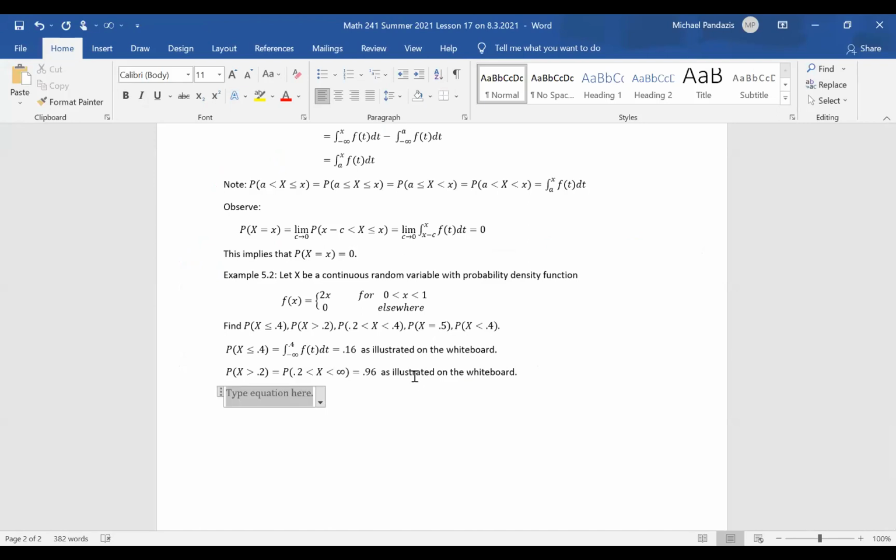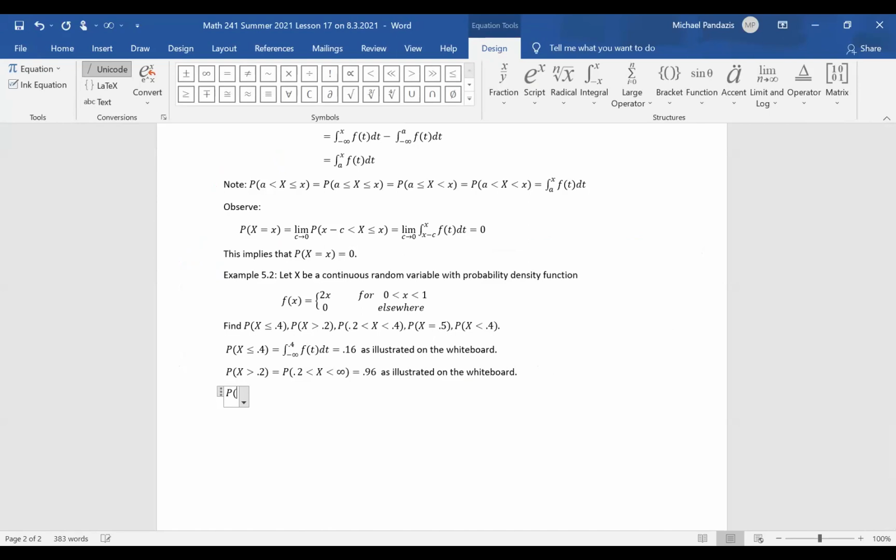Okay, the next probability is the probability that 0.2 is less than x less than 0.4. Well, we know from before this is equal to the definite integral from the left one to the right one, and we have positive probability at all those places, so we can keep the interval the same without looking at a subinterval.